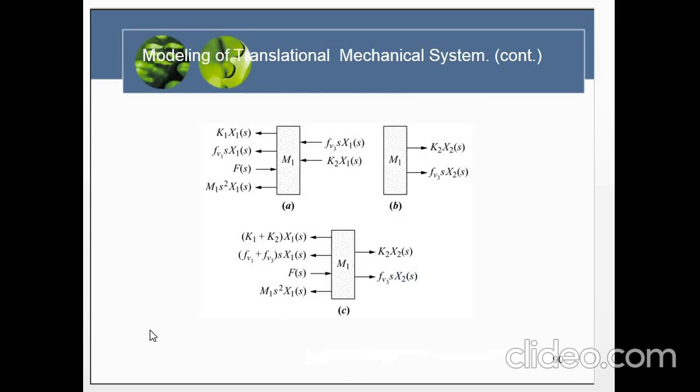Okay, or look here. That is the mechanism. If force works in M1, where is its direction? You see this: 1, 2, 3, 4, 1, 2, 3, 4, 5, 6.